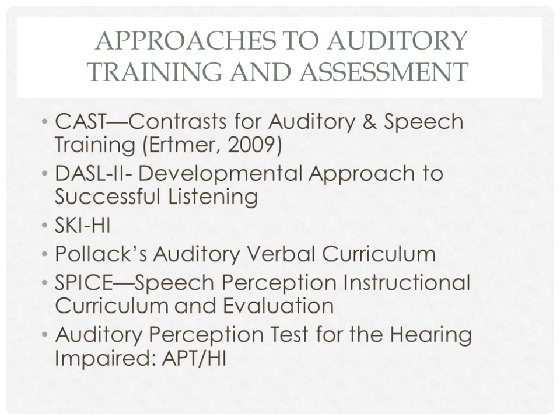I told you I would provide you with some suggestions. Here are some commercially available programs or programs available through nonprofits that do the hard work for you. This program called CAST, Contrast for Auditory and Speech Training by Ertner, 2009, comes in a pretty little box.